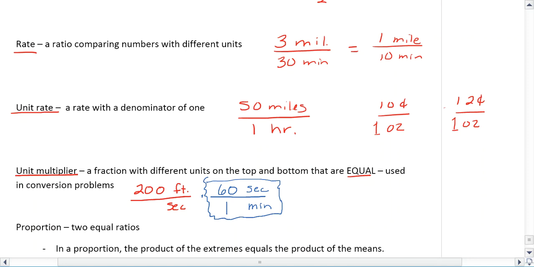Then we would use that to do the multiplying. The word seconds would cancel, and we'd end up with 12,000 feet per minute. So this part in blue is the unit multiplier, and we're going to be using those to do conversions.